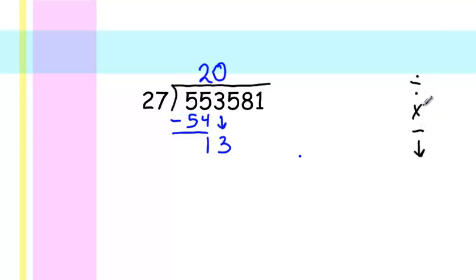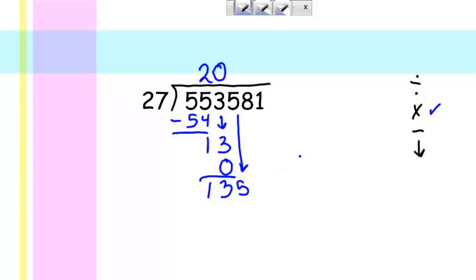I'm going to work through each step on this video. So 0 times 27 is 0. There's your multiply step. The subtract step is 13. Bring down the 5. You could have brought the 5 down right there and you would have been fine.